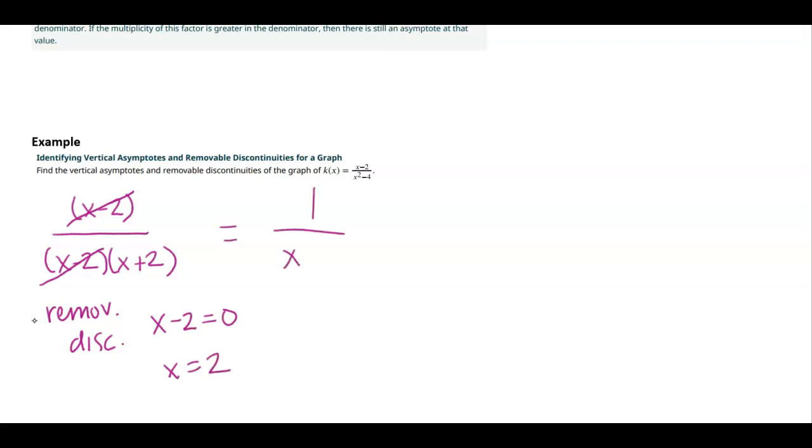From there, the graph is going to behave just like the function 1 over x plus 2. I'm going to have a vertical asymptote whenever the denominator is equal to 0 after you get rid of any like terms in the top and the bottom. So I have a vertical asymptote at -2.